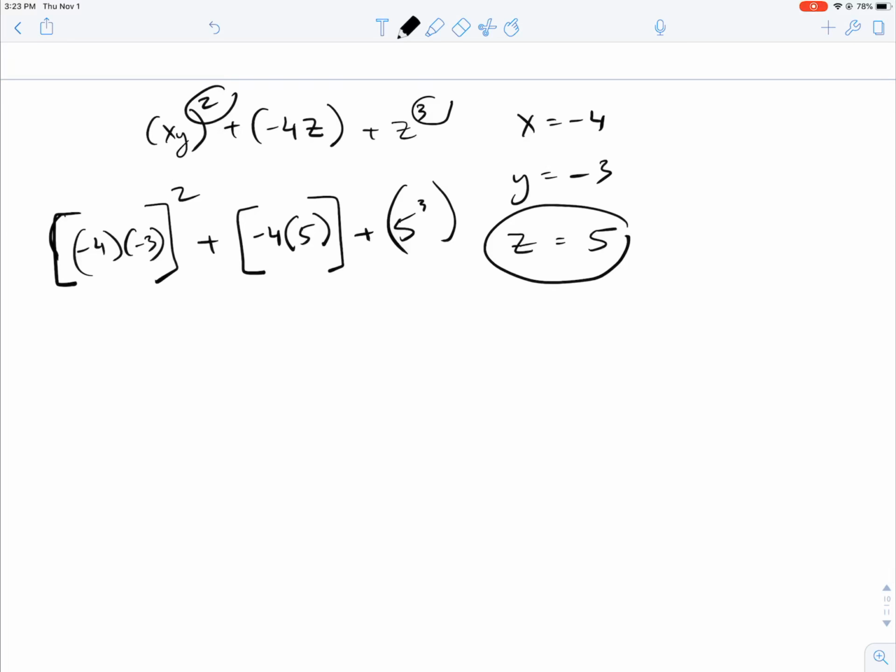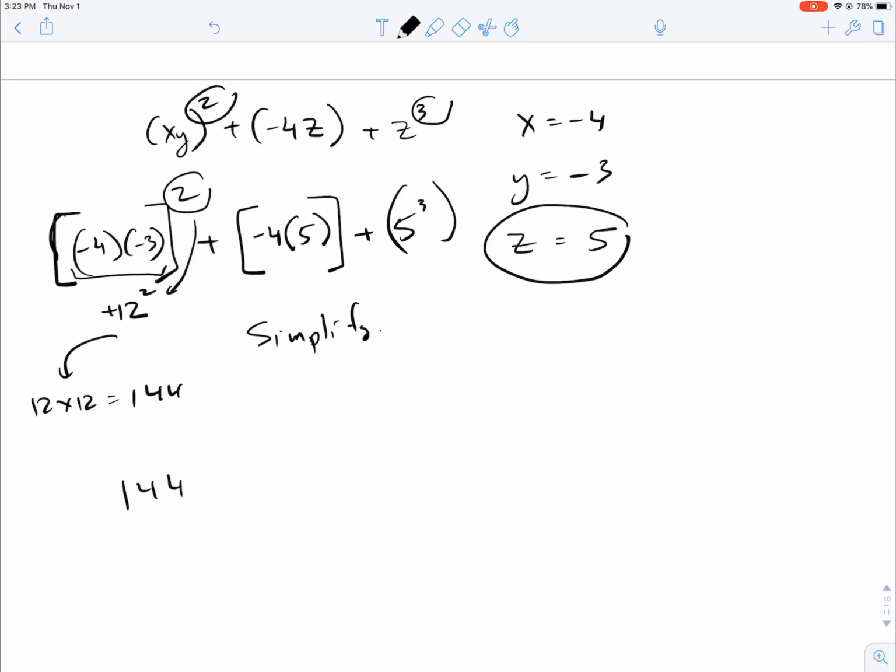Let's go ahead and now simplify, step by step. Whatever's inside, -4 times -3, is positive 12. However, this exponent makes it positive 12 squared. That expands to 12 times 12, which gives us 144. So I have 144 as my first term.